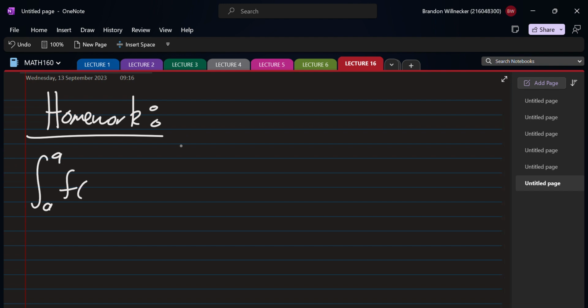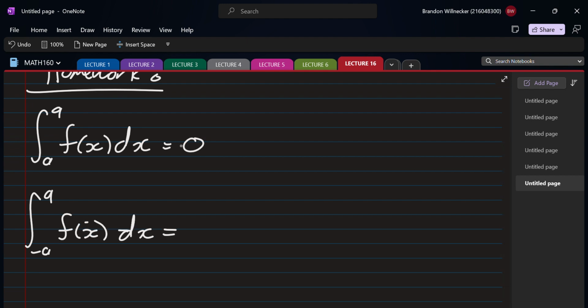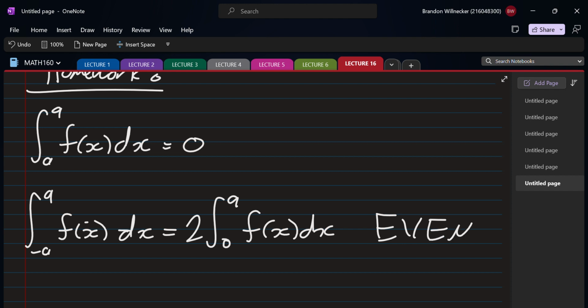The integral from a to a, f of x dx is equal to 0. I went over all the explanation, you just need to write it out neatly. Then the integral from minus a to a, f of x dx is equal to twice the integral from 0 to a, f of x dx if f is even.